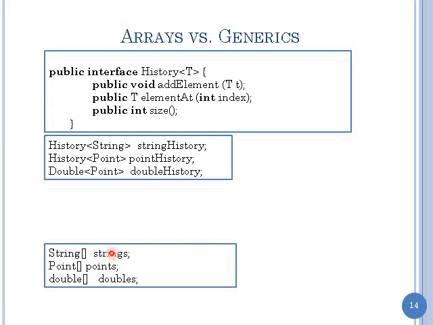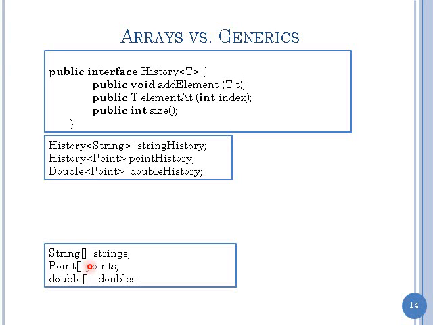If it's an int array, each element will be 32 bits. So that's how the array will be stored. If it's a double array, it'll be double that size. And if it's a string array or a point array, it's object size. But at runtime, arrays keep track of the fact that this is a string or a point. The information is not erased.